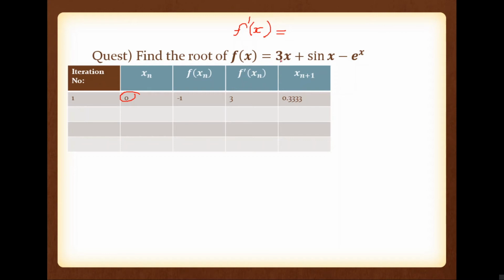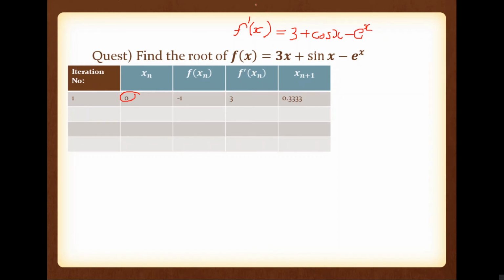So derivative of 3x is 3. What is the derivative of sin x? Yes, definitely, plus cos x, good response. And derivative of e raised to x is e raised to x itself. So this is f dash of x.